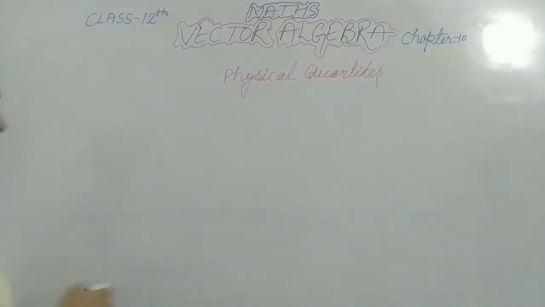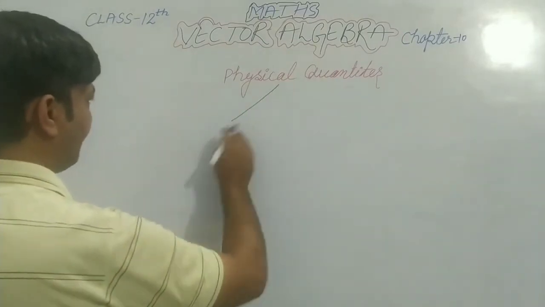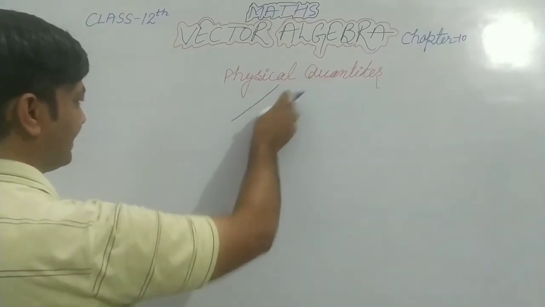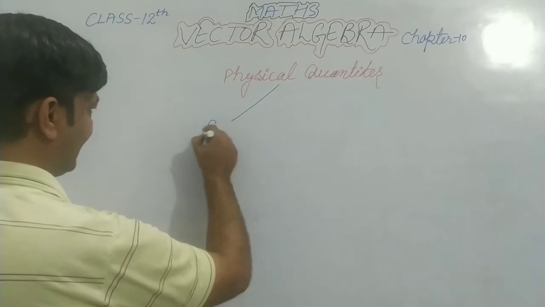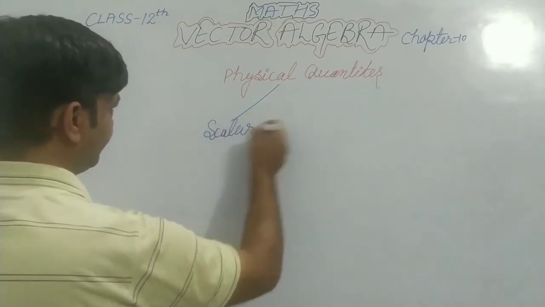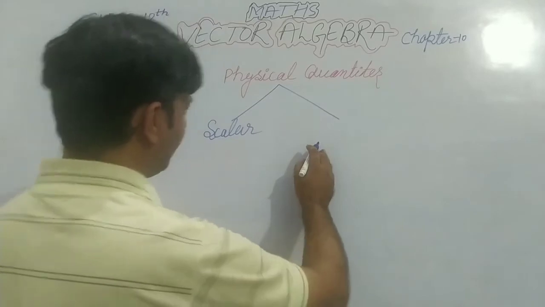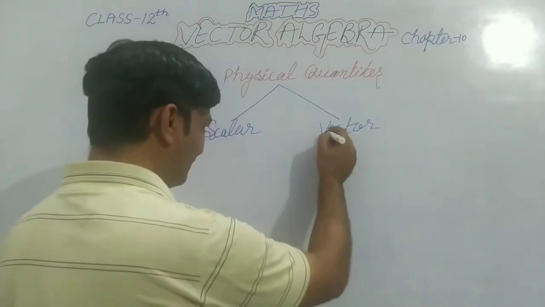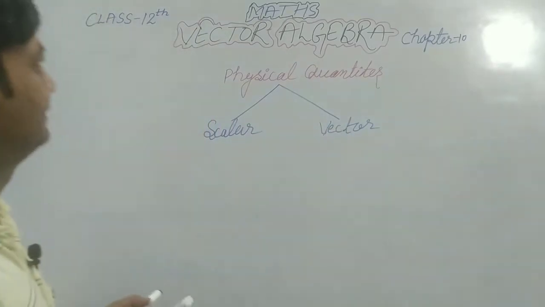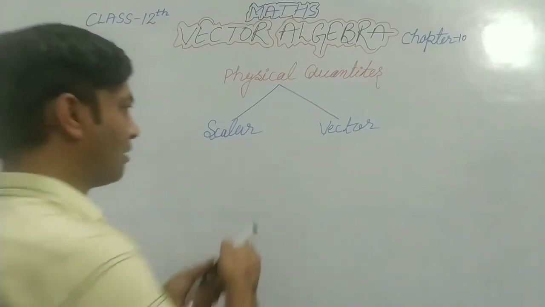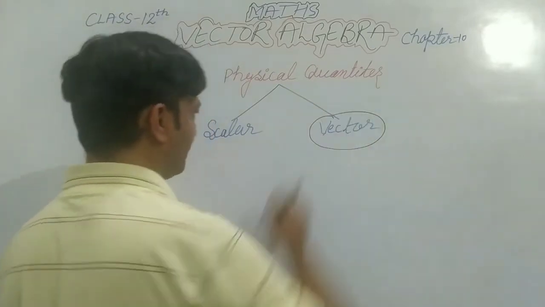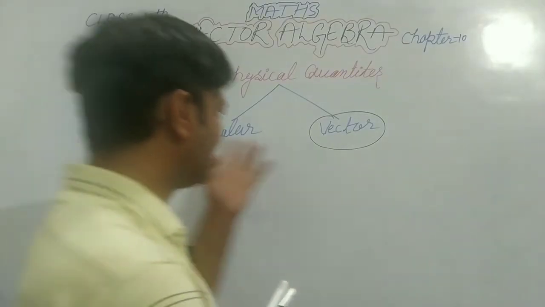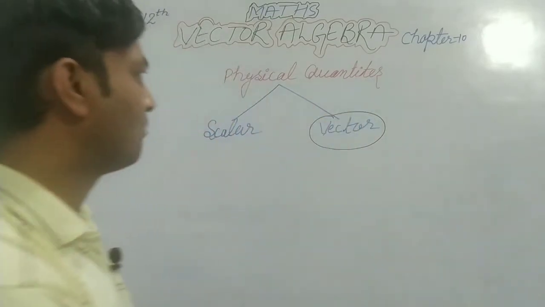In physics, you have studied physical quantities in class 11. There are two types: first is scalar and second is vector. In mathematics, in class 12, we will cover vectors. So before that, let's understand what is scalar and what is a physical quantity.